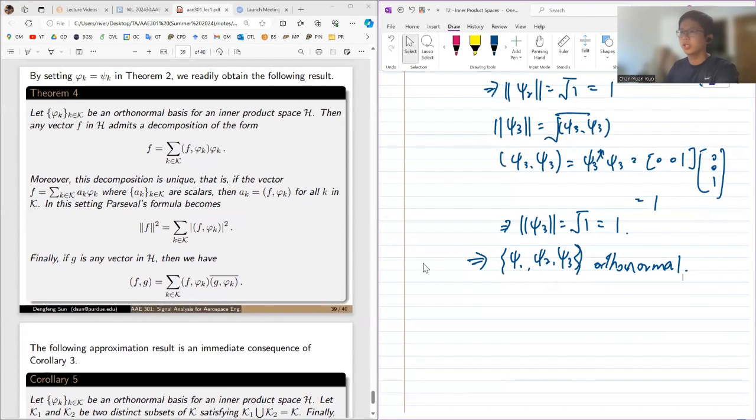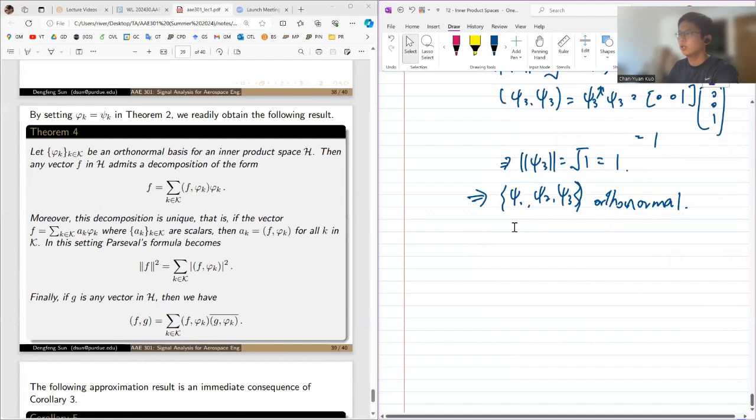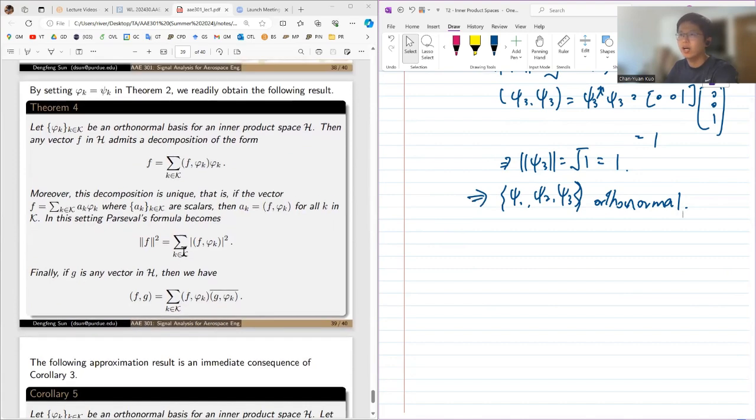And we can have the same result for orthonormal basis. For that, let's look at theorem 4 and corollary 5.